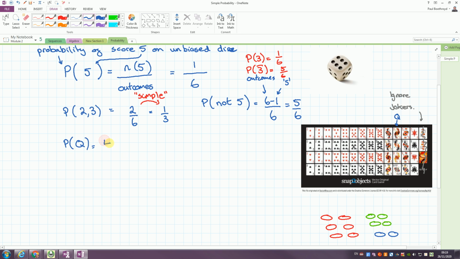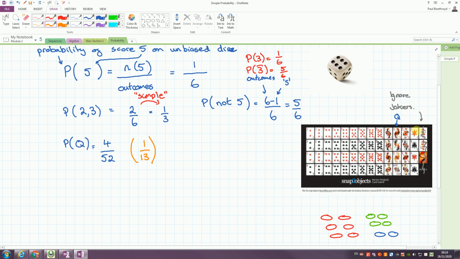So there are 4 queens, we're going to ignore the jokers. The number of cards you should now know is 52. So that's 4 queens out of 52 cards. That will simplify, but you don't need to. It will simplify to 1/13.